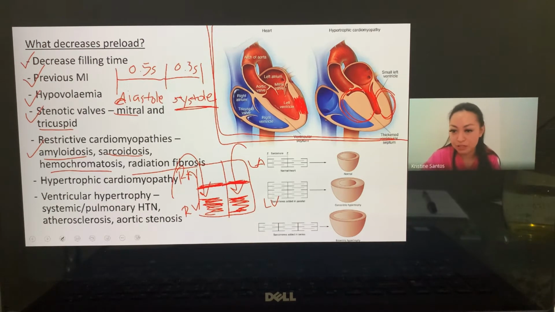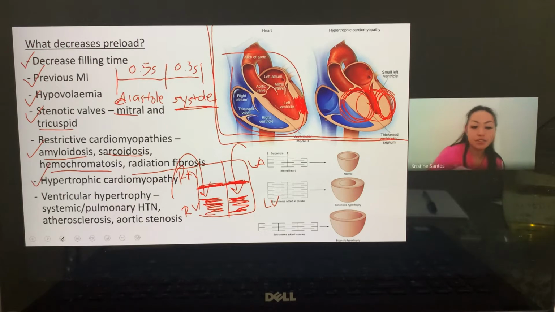For whatever reason, the septum just decides to bow out and grow into the left ventricular chamber space. And the left ventricular wall here is very thick as well. Can you see the diameter now of the left ventricle? It's much smaller than this normal heart here. So if we have a smaller diameter, it's not going to fill with so much blood. So again, this is going to decrease the preload. Okay?